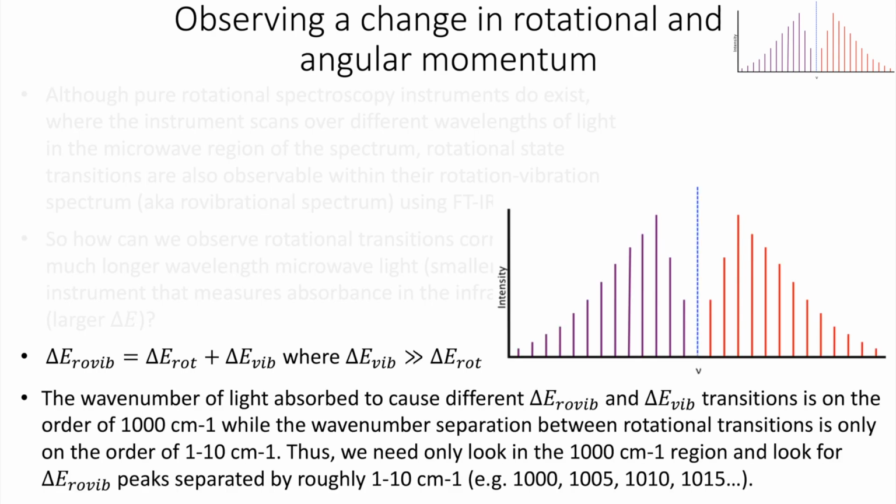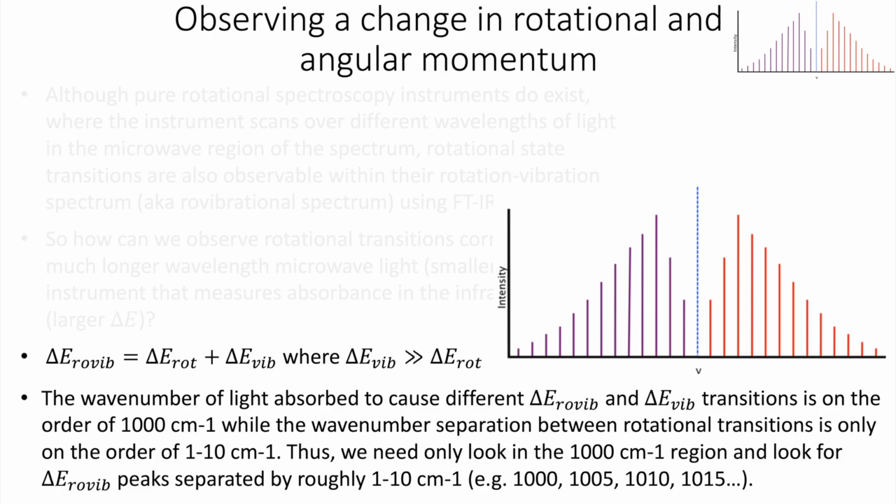To put this into more certain terms, the wave number for light absorbed that will cause the delta E rovibrational or delta E vibrational transition is going to be on the order of about 1,000 inverse centimeters, 1,000 wave number. While the wave number separation between rotational transitions is only on the order of 1 to 10 wave number.